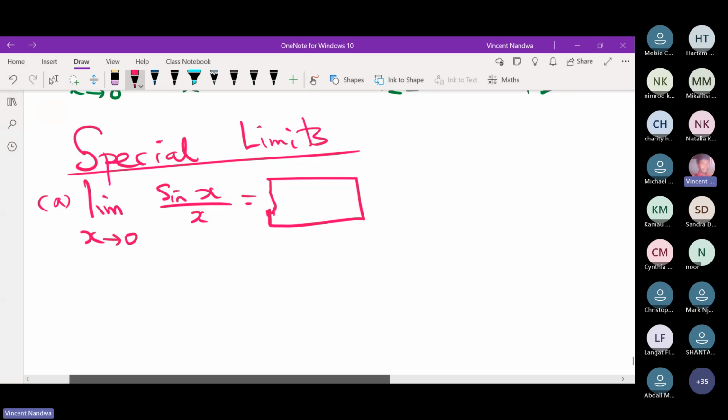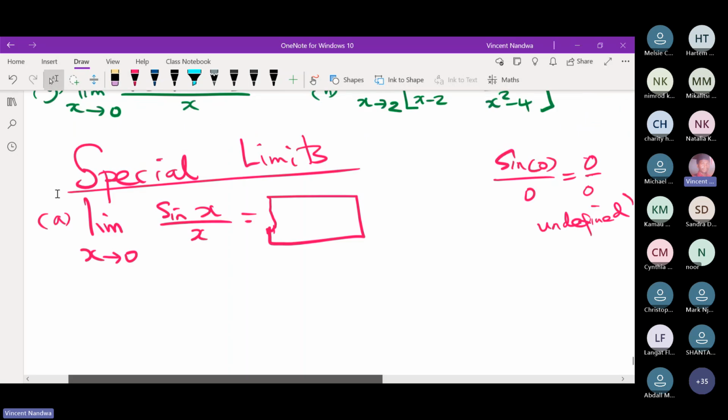The whole limit is 0? Or 0 is only for sine x? We mean sine of 0 over 0. What do you get? Sine 0 is 0, and 0 over 0 is undefined. If you put it in the calculator, it gives you a math error.